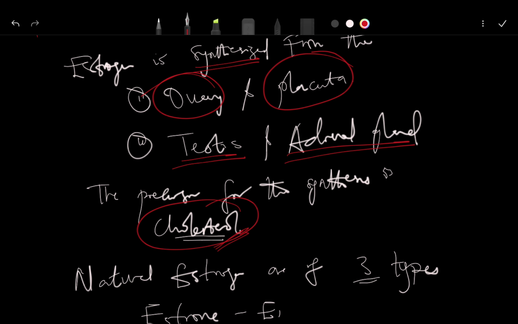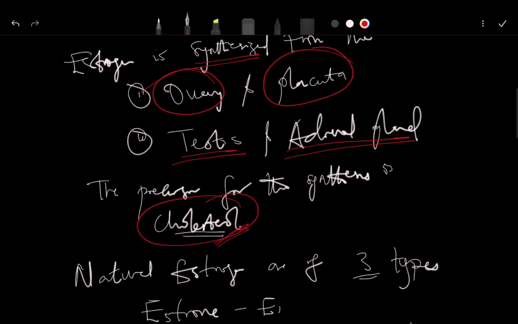And it will interest you to know that before cholesterol forms estrogen, it will first give rise to androgens. So it is from the androgens that estrogen will be synthesized. But at the end of the day, the starting molecule for the synthesis of estrogen remains cholesterol.